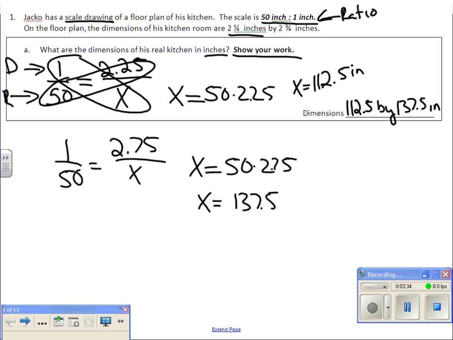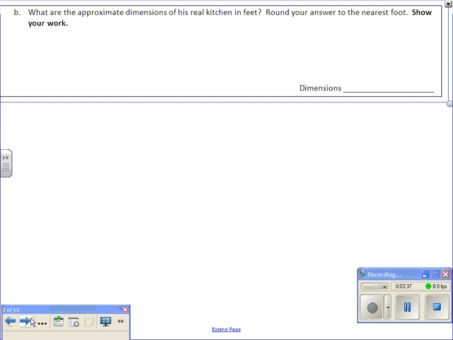So now you're going to notice the second question is going to have us changing from inches to feet. Okay, so it says what are the approximate dimensions of its kitchen in feet? So round your answer to the nearest foot. Well, we have to remember that 1 foot is going to be equal to 12 inches. Okay? So I'm going to go ahead and turn that into one ratio. So 1 foot over 12 inches.